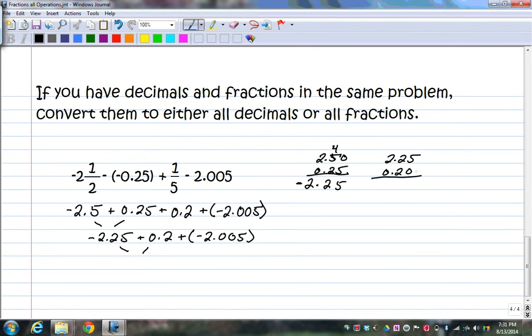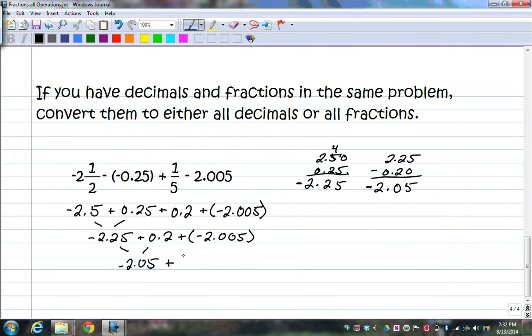The signs are different again, so again I'm going to subtract the numbers. 5 minus 0 is 5, 2 minus 2 is 0, 2 minus 0 is 2. Then when I look back at the problem, I say, alright, well the 2.25 is the greater, it's negative, so I'm still negative. Come down here and I have negative 2.05.